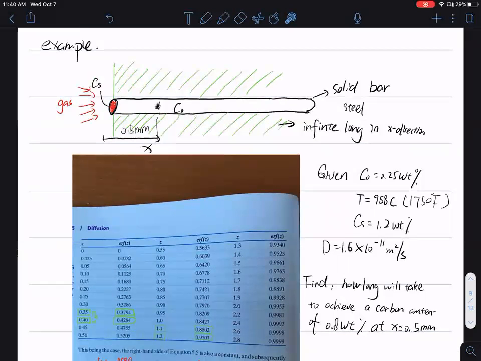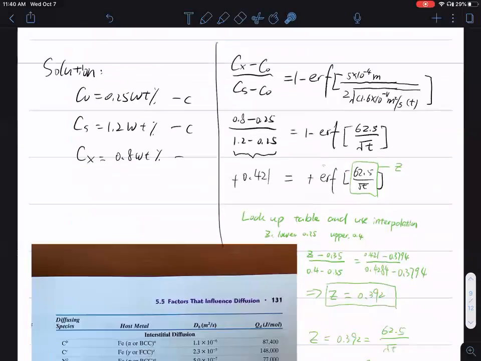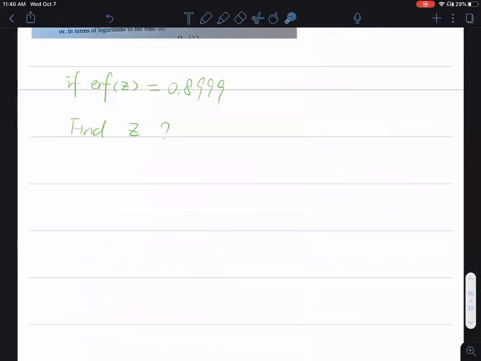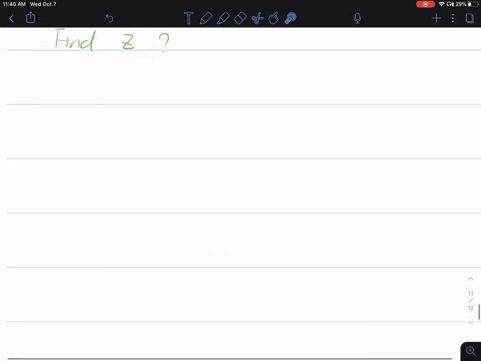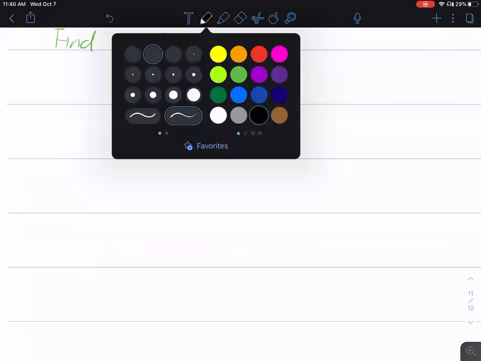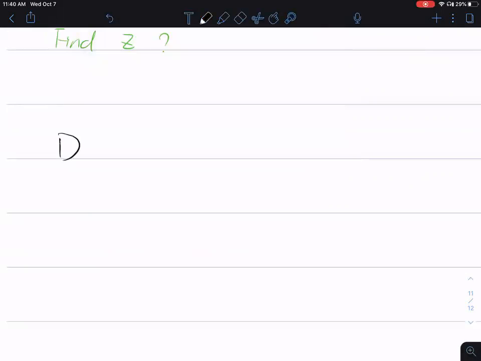Okay, now let's look at a situation of how temperature would change our diffusion coefficient. That's kind of important because temperature here would do a lot of things to our equation. So our diffusion coefficient, D, is affected by temperature.